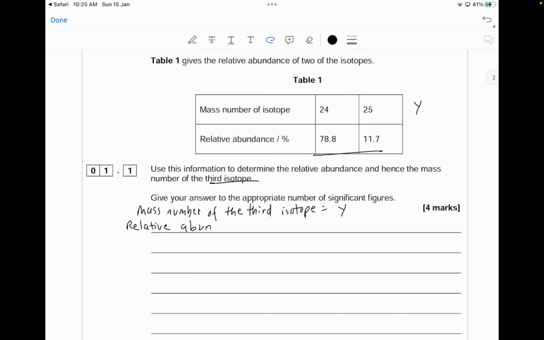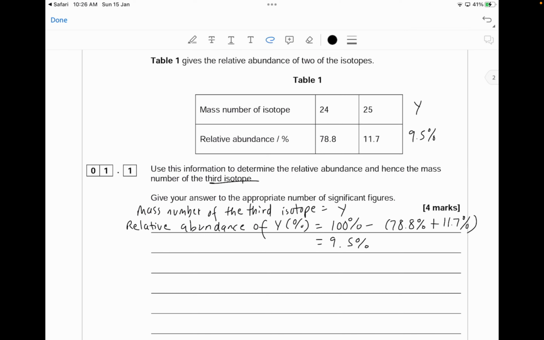All you're going to do is 100 minus 78.8 plus 11.7. That's going to give you roughly 9.5%. So this is going to be your relative abundance for Y. It's going to be 9.5%. Just going to write that down neatly so you guys can see 9.5%.